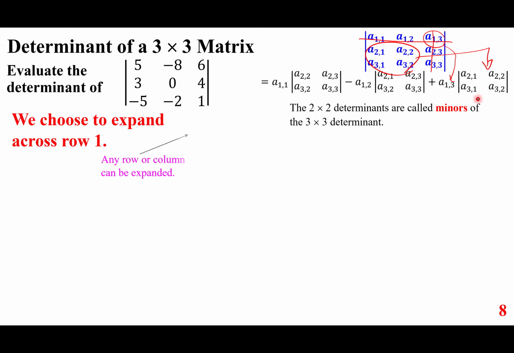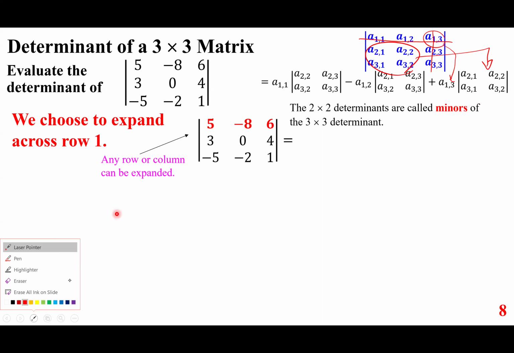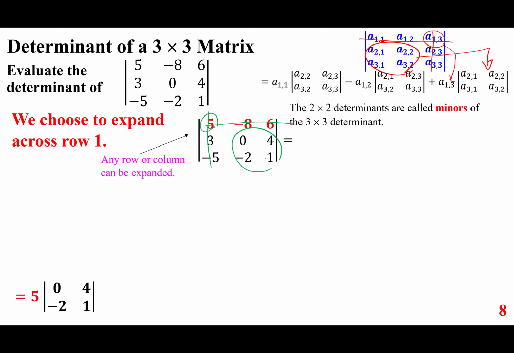We choose to expand across one row, for example row 1. Any row or column can be expanded. It doesn't matter. So we put this in red. You use this times, now cross this out, what is left? 5 times the determinant of this one.